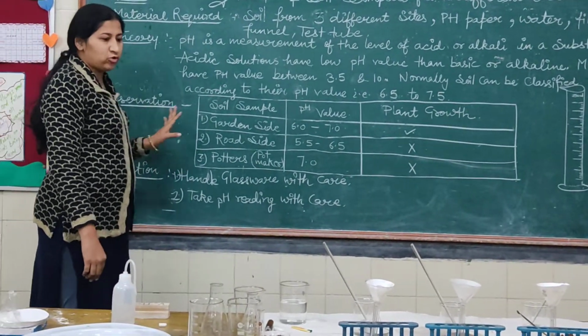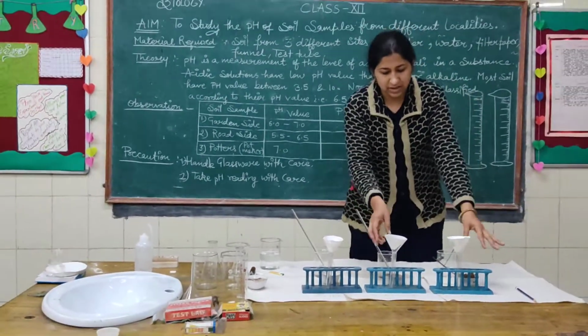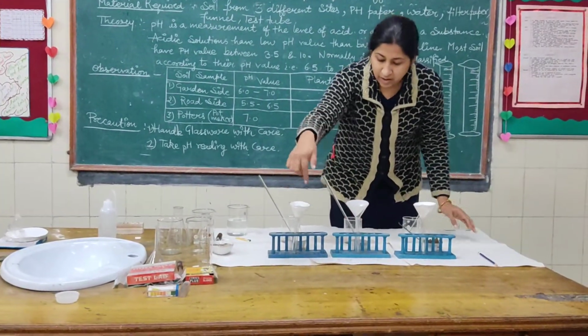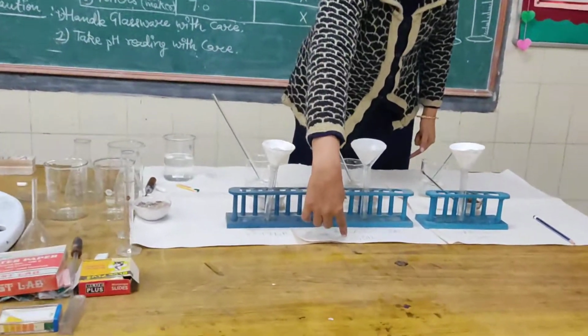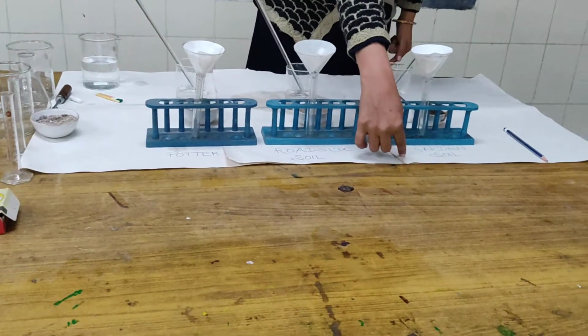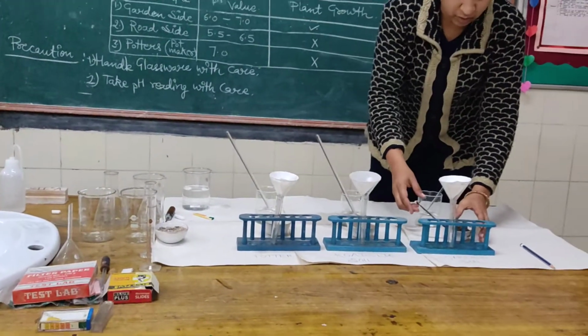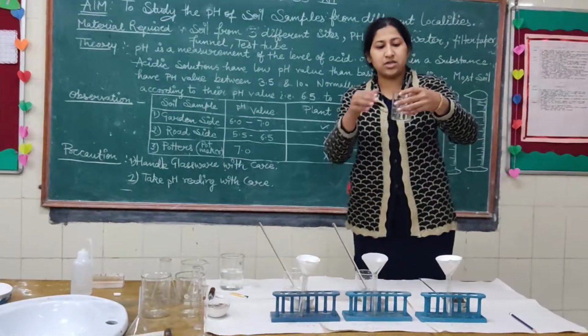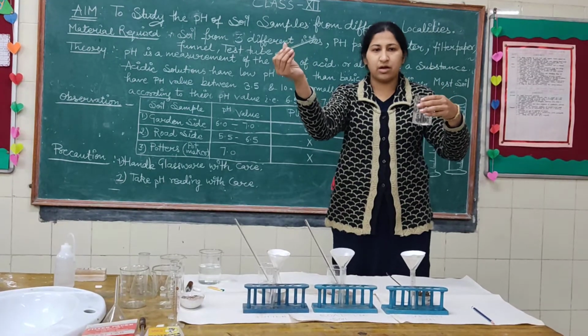So we have to perform the practical now. We have taken this setup, and here we had written that this is the potter side, this is road side soil, and this is your garden side soil. We are going to take a glass with 100 ml of water, and a glass bowl.